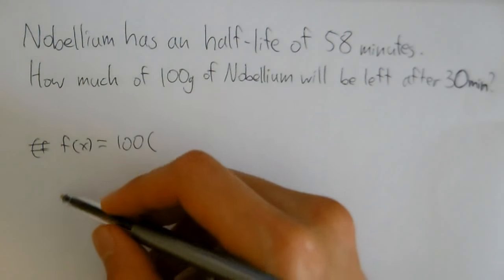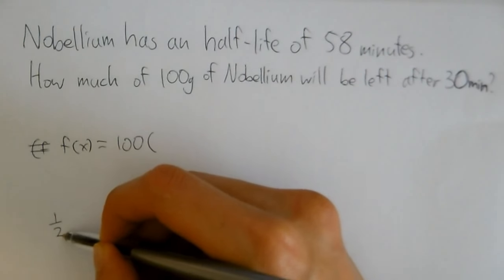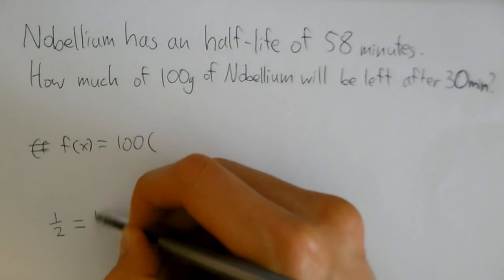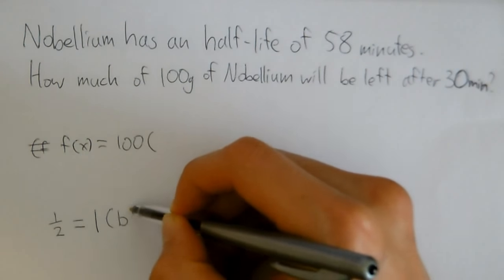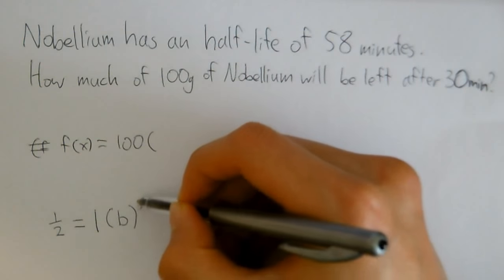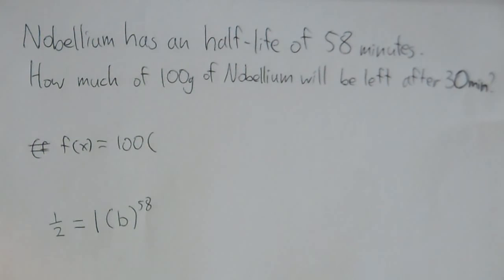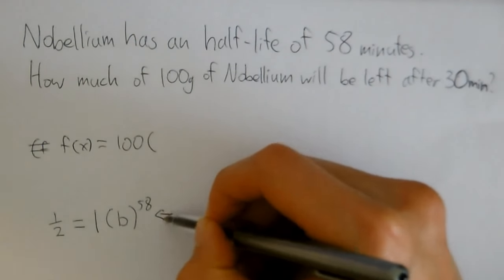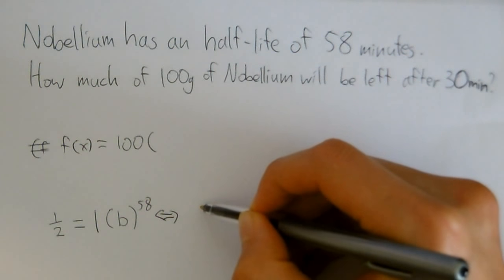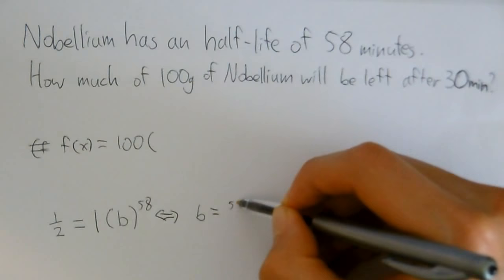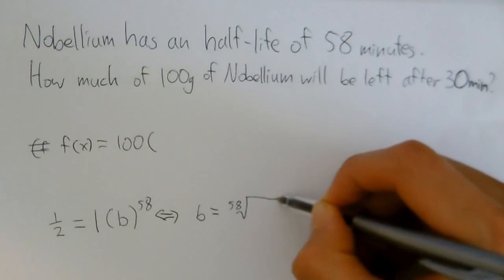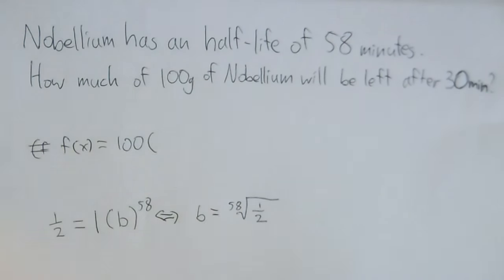So we can write half will remain of 1 when multiplied by a certain rate for 58 minutes. Now we can rearrange this and get b, or the rate, is equal to the 58th root of 1 over 2.